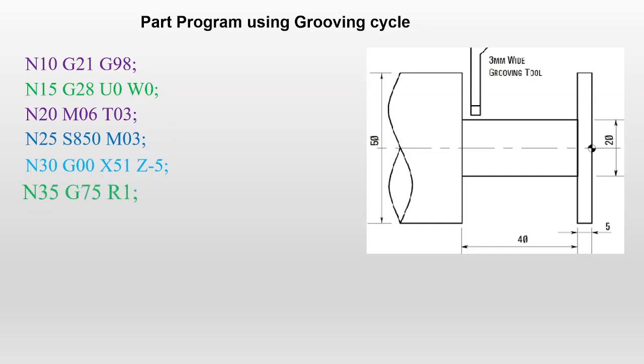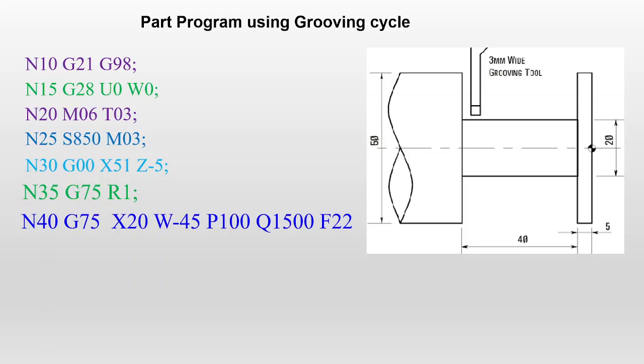Then we have to mention the grooving cycle, G75 R1. So each time the tool will move back 1 mm. Okay. So second block G75 X20. Now 20 is the diametrical depth of the workpiece up to which we want to make the grooving, and the length of the groove is 40 mm.